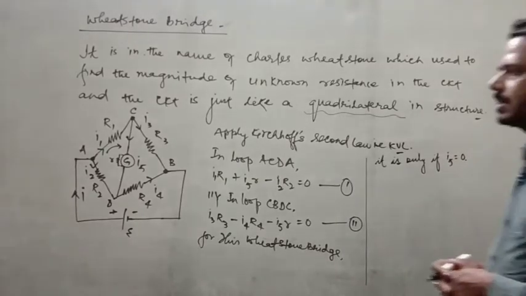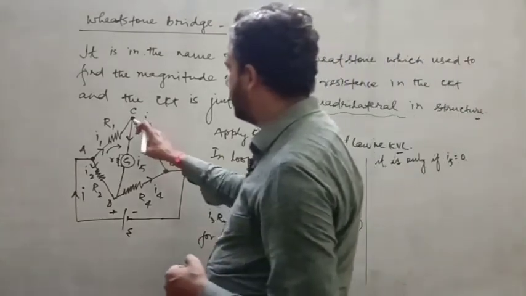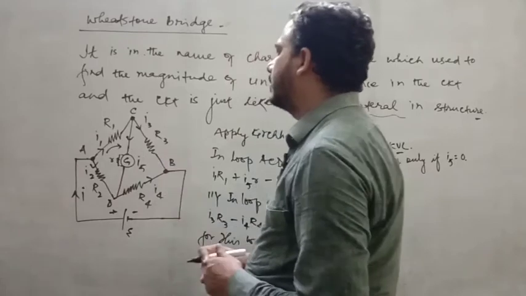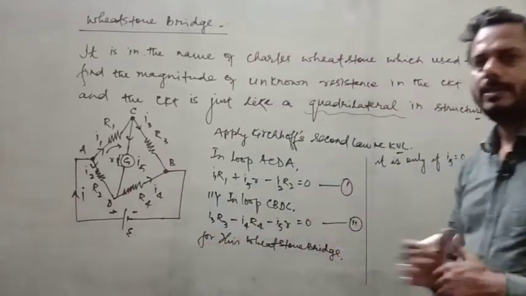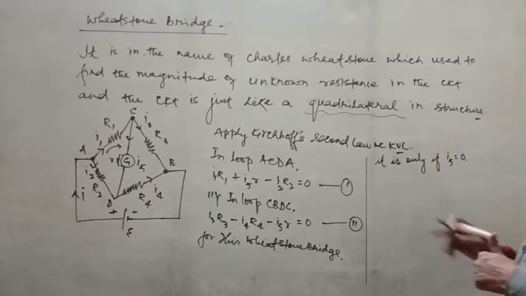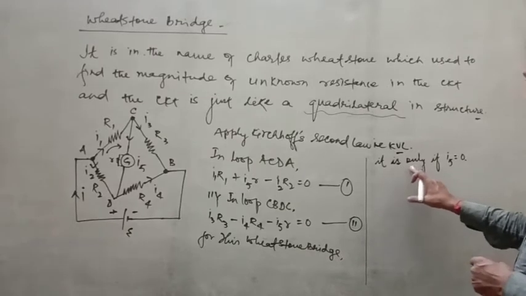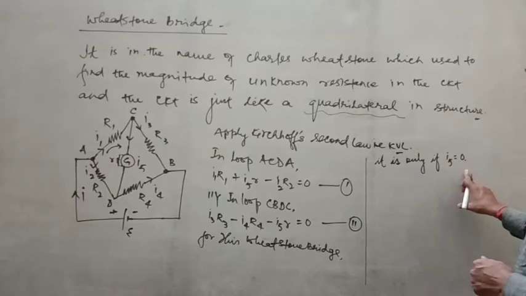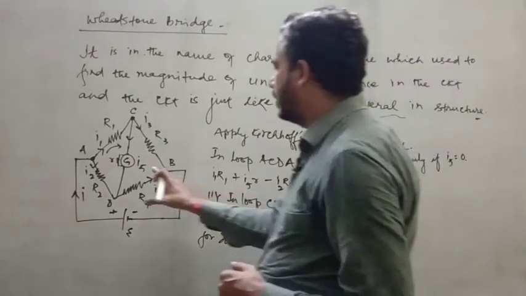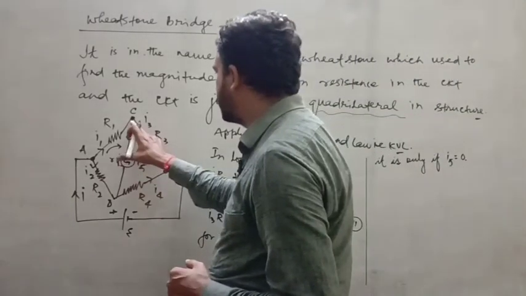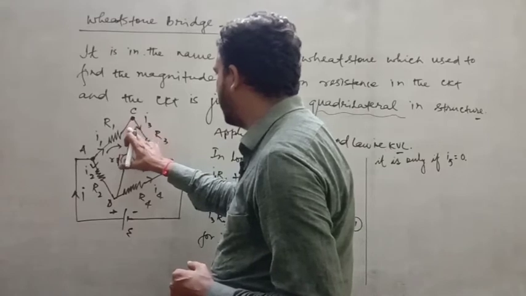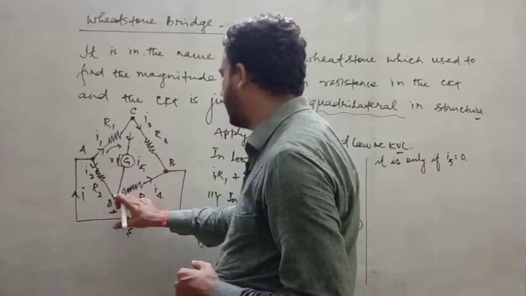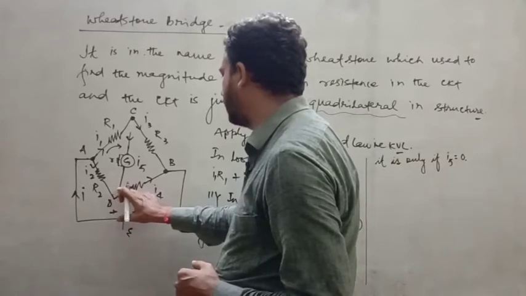That means current will not flow through this arm CD. Then this diagram would be a Wheatstone bridge. Since the current is not flowing here, this arm is negligible, just as if there is no arm here, so we have to remove this arm.